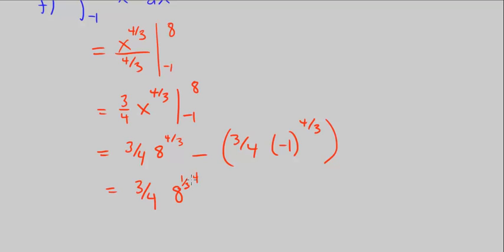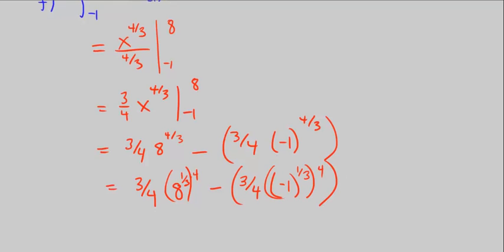Okay, because this you can break up, and this you can write like this because those are the properties of exponents. And again, I'm going to do the same thing over here with the -1. It's not really necessary because I know this is going to be +1, but let's do it. -1 to the power of 1/3 to the power of 4, right?